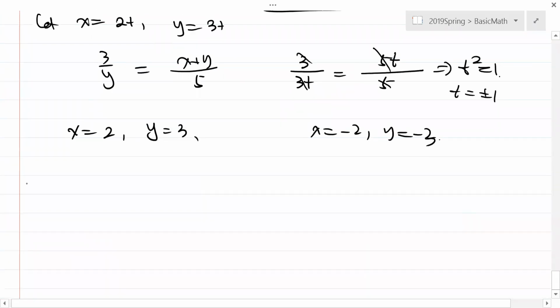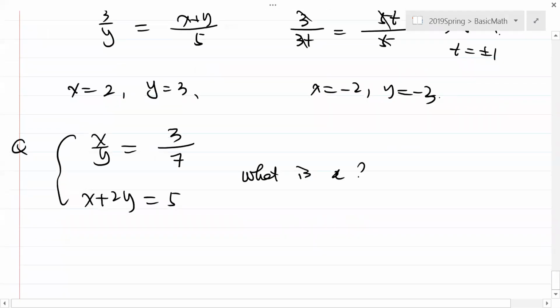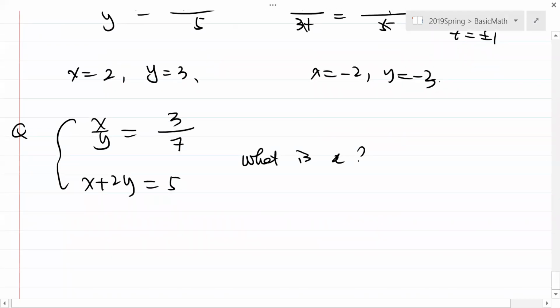For example, if I ask you to solve this equation, x over y equals 3 over 7, then x plus 2y equals 5. What is the value of x? What is the best way to do it? You could get a system of two linear equations because this is equivalent to 7x equals 3y.